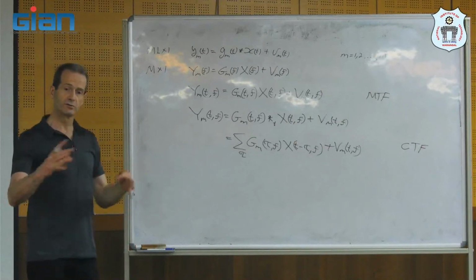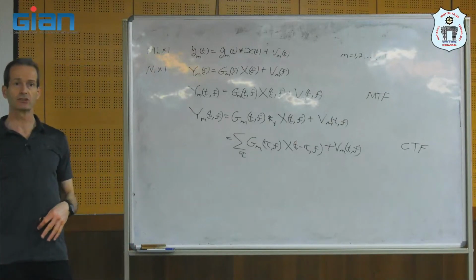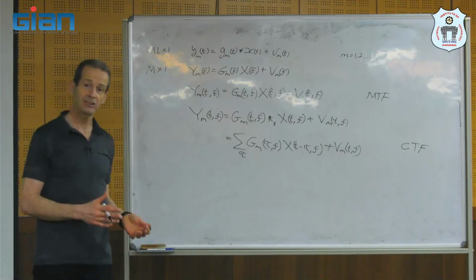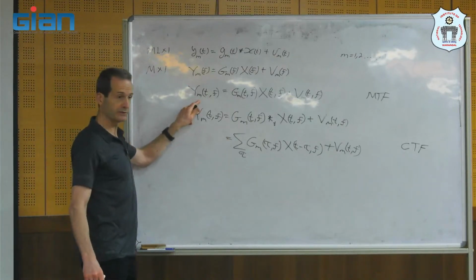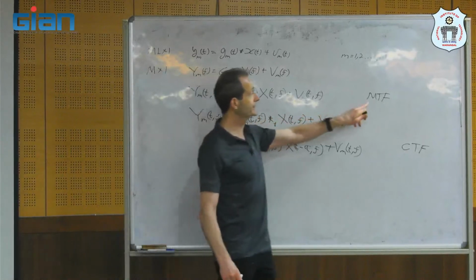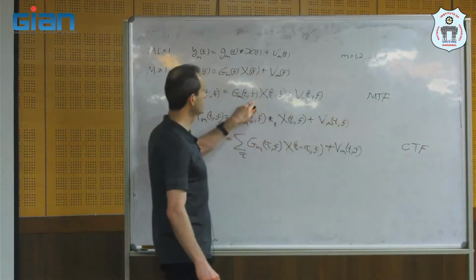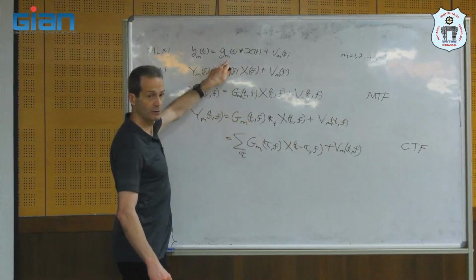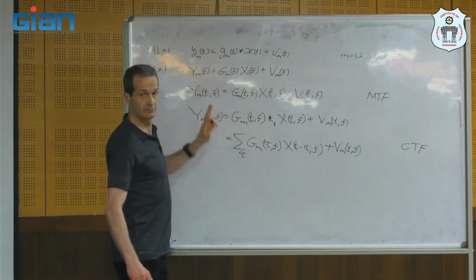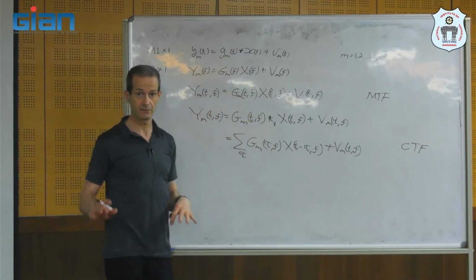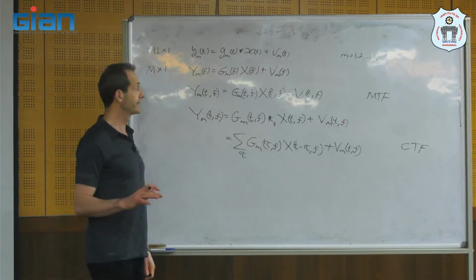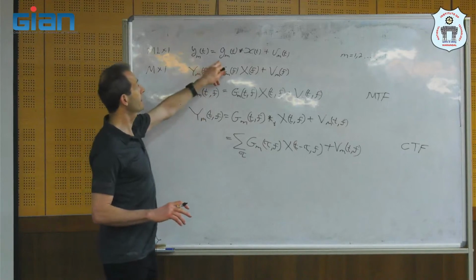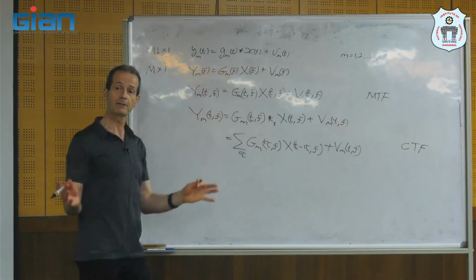And when we moved, we talked about extension or implementation in the STFT domain. So if we use the MTF approximation, the multiplicative transfer function approximation, this is an approximation of this model. Generally, it's not correct mathematically. It's an approximation which can be satisfied when the impulse response is short compared to the window.